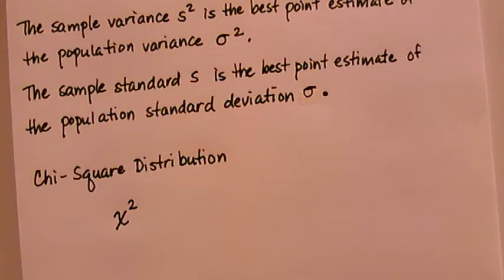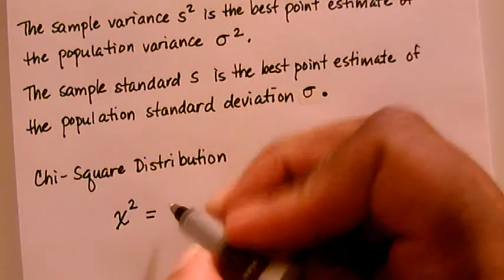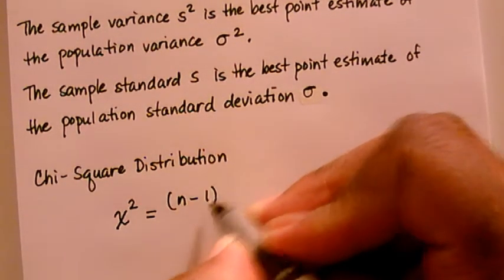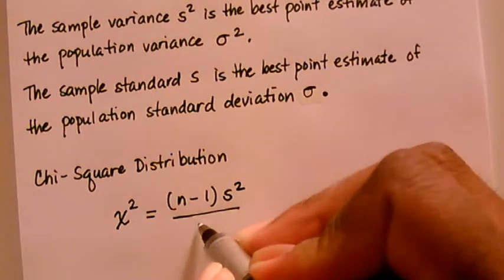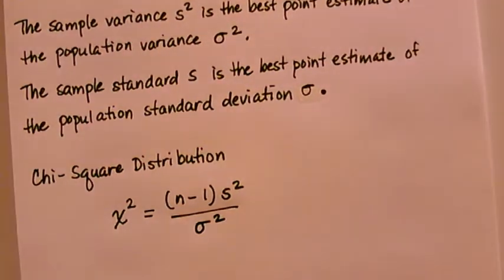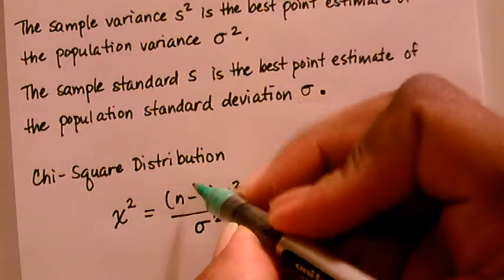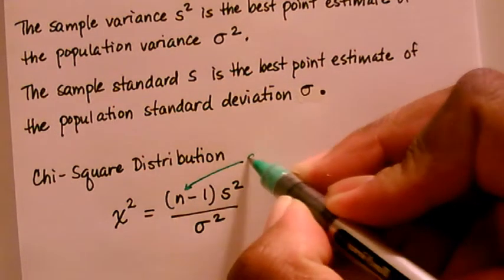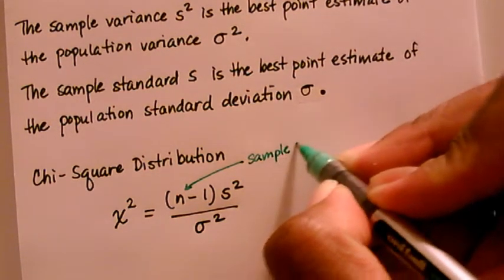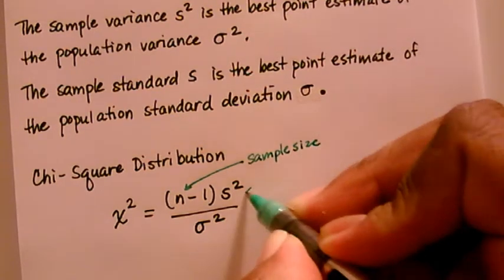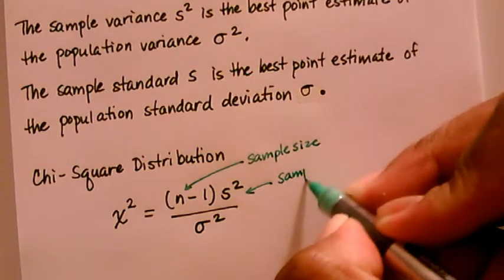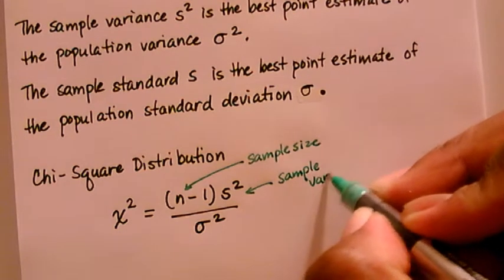Now that sample statistic has a sampling distribution which is called the chi-square distribution, and that's going to be equal to n minus 1 times s squared divided by sigma squared. Okay. Now later on in this course we will be using that particular chi-square distribution, and in this case your n is your sample size, s squared is the sample variance.